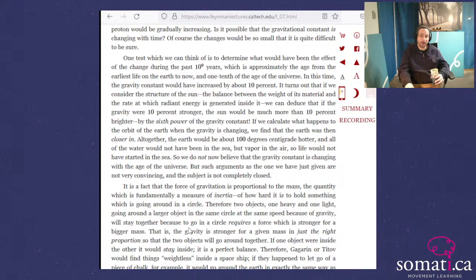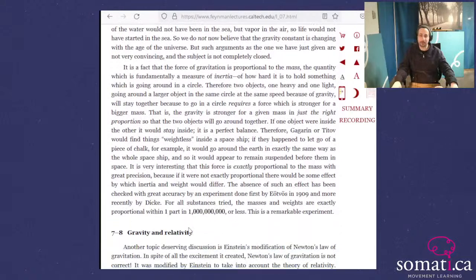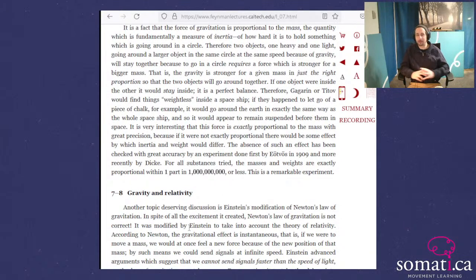I find that to be a compelling argument. It is a fact that the force of gravitation is proportional to the mass, the quantity which is a fundamental measure of inertia. How hard it is to hold something which is going around in a circle.